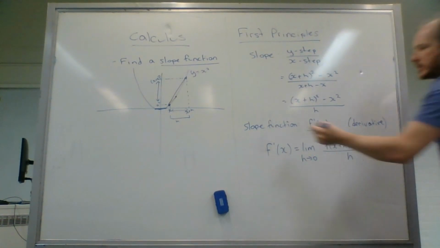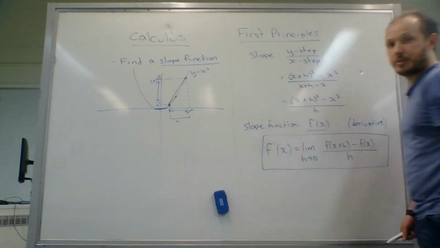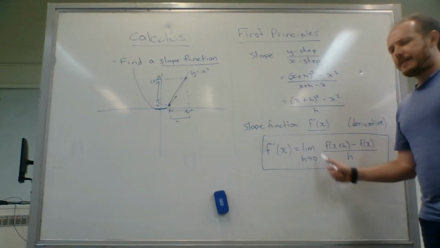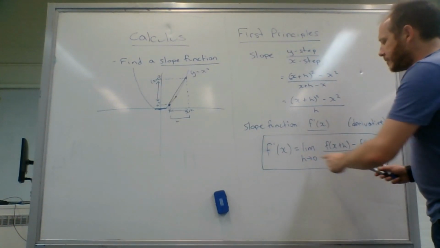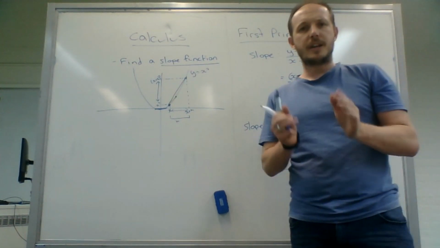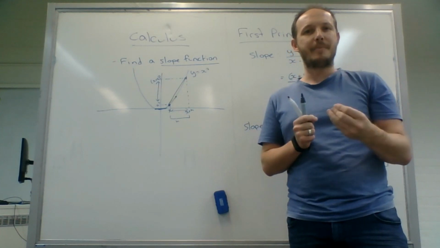And this is our formula for using first principles. Now, if you haven't seen a limit before, basically what you're saying is that h is going to get closer and closer to 0 until it's so close that it is basically at that point.